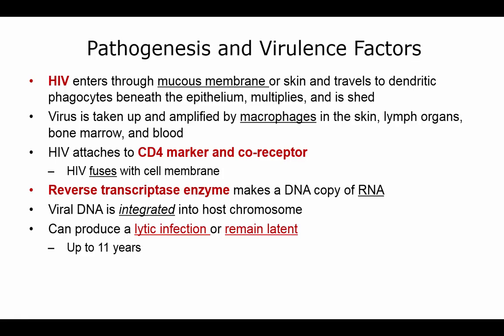The reverse transcriptase enzyme we mentioned earlier makes a DNA copy from that single-stranded RNA, and that viral DNA is integrated into the chromosome of the host. You can have a lytic infection, or it can stay latent for up to 11 years.